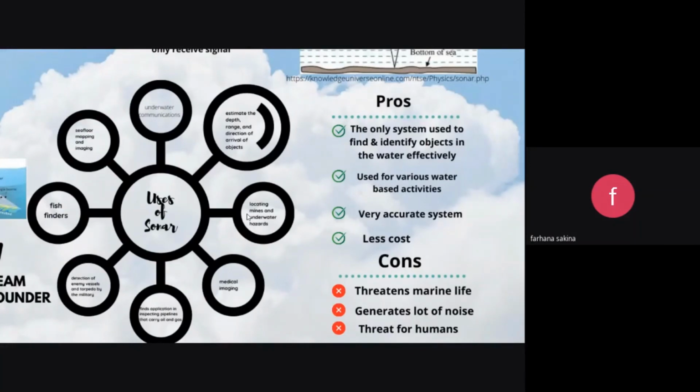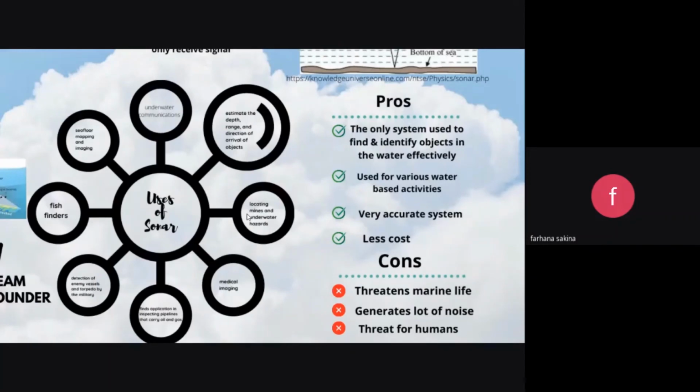Next, it has also been used for various water-based activities. This is due to the fact that sound waves do not attenuate much in the water compared to radar and light waves. It is also a very accurate system and not too expensive compared to other applications.